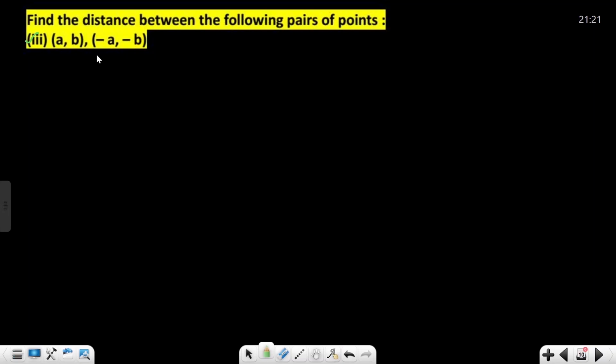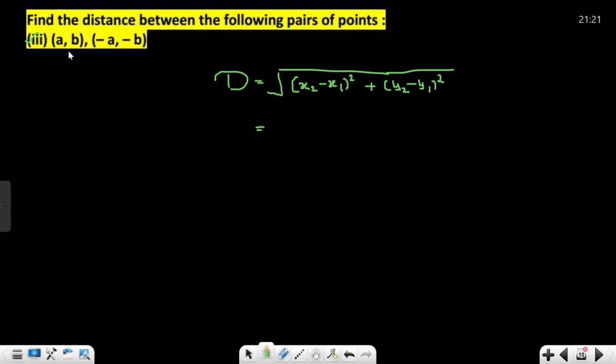So in this question again, same thing, write the distance formula. The distance formula is root x2 minus x1 whole square plus y2 minus y1 whole square. How do we decide x1 y1?